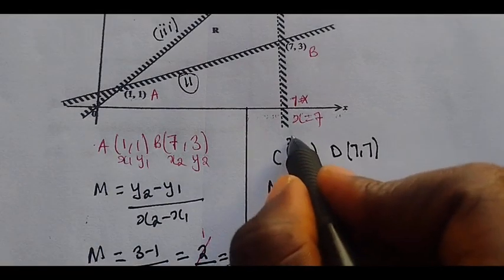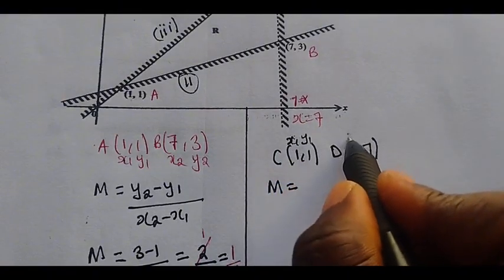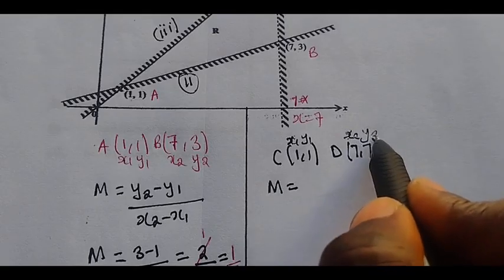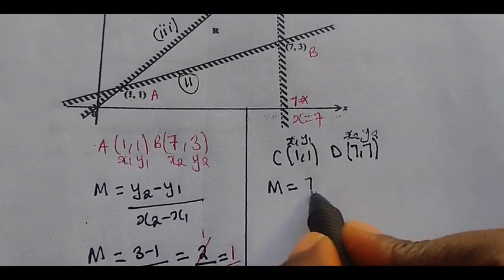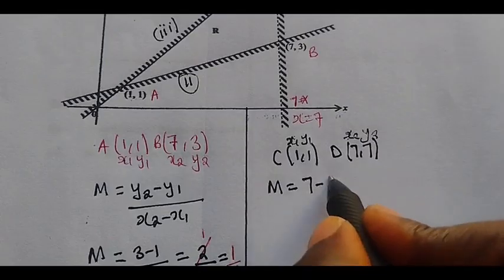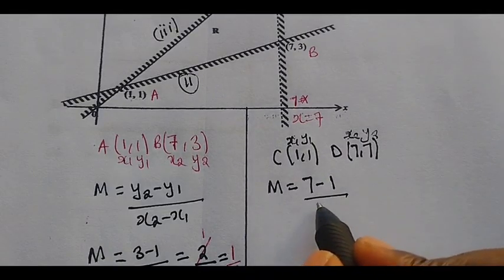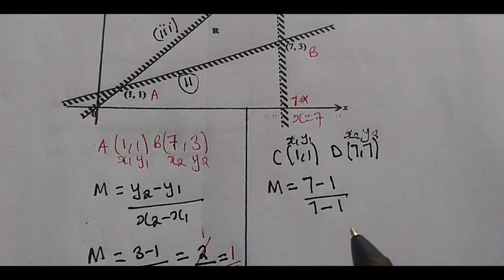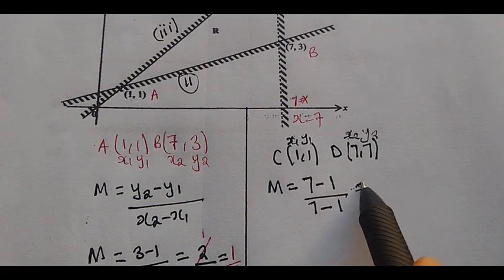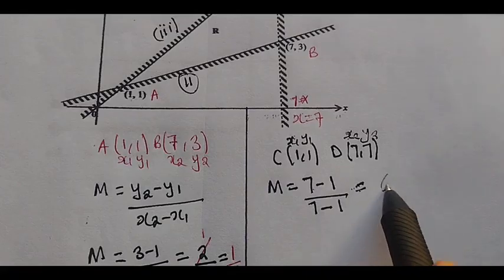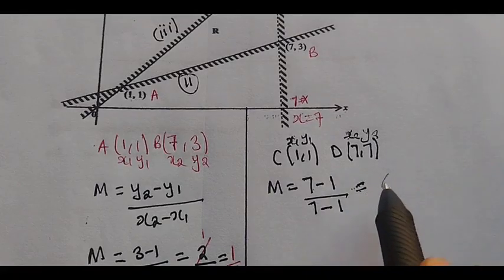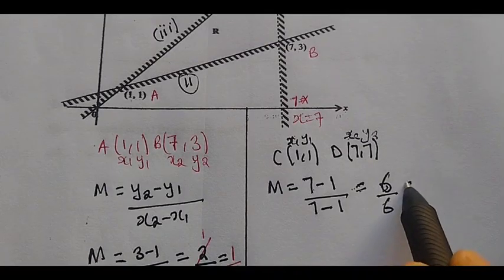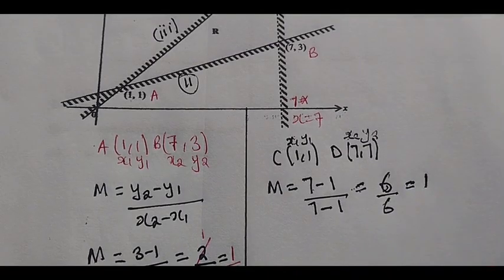Let us rename them x1, y1, x2, y2. So my y2 is a 7, my y1 is a 1, over my x2 is a 7, my x1 is a 1. So when you do the calculations here, 7 minus 1, it's 6, over 7 minus 1, it's a 6. 6 divided by 6 is 1. The gradient is 1, okay?